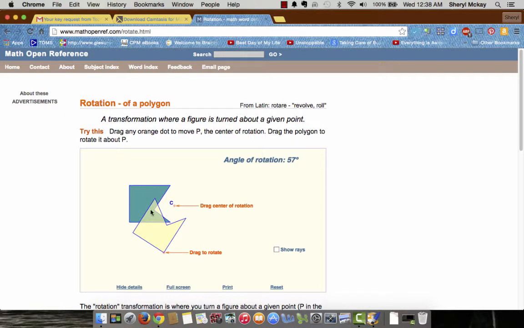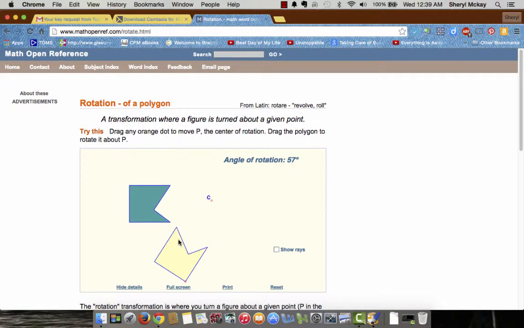It's got this blue figure, and then it has a point, this C point, and that's our center of rotation. And I can move that point anywhere I want. So I can put it here, okay? And this blue one is my pre-image, and the yellow one is my image.